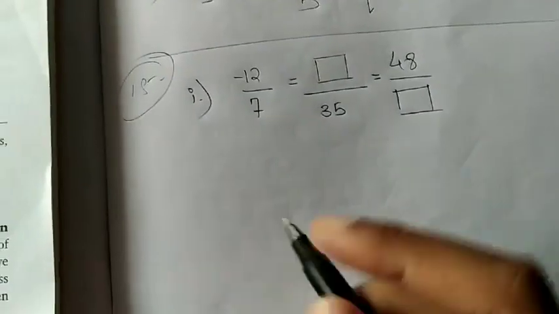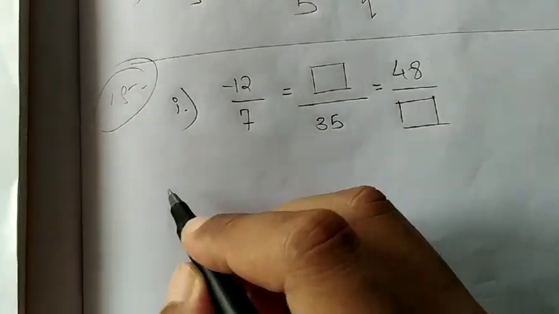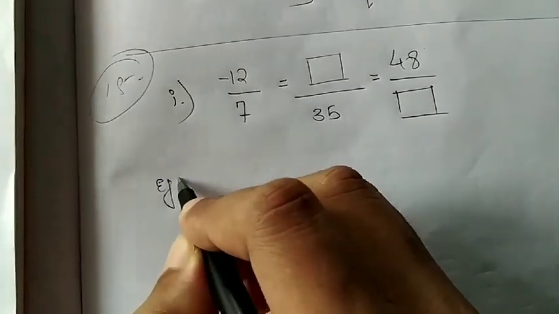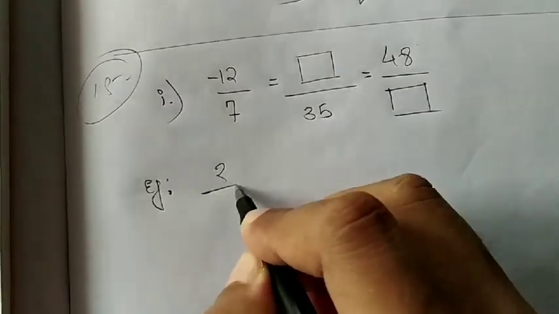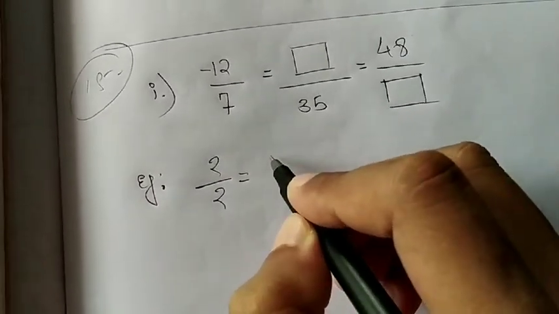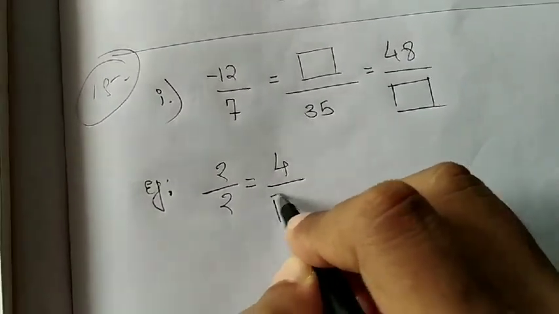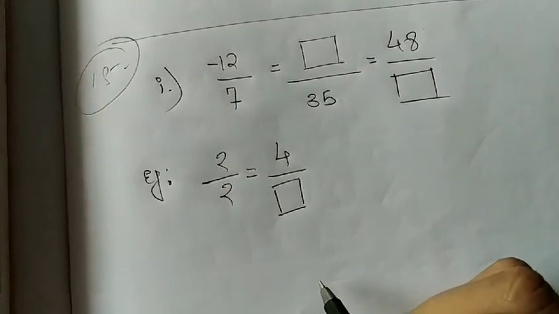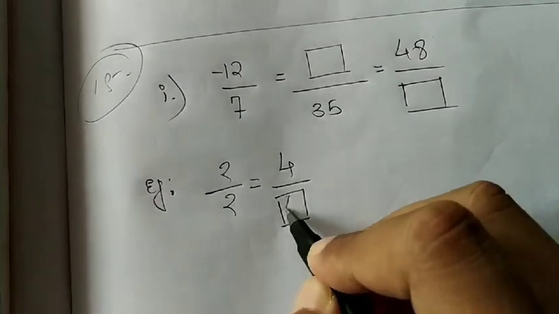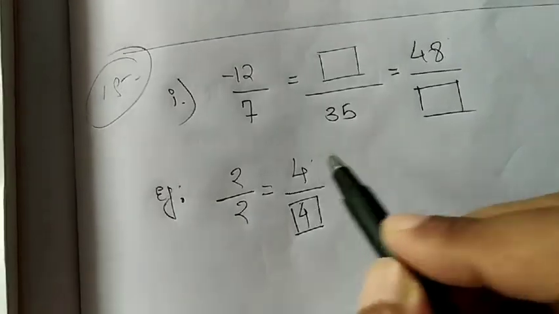See, here you will have to use your reasoning skill. Well, before we solve this, let me give you an example. If there is a box 2 by 2 is equal to 4 by how much? Of course 4, because how did we get 4 here?